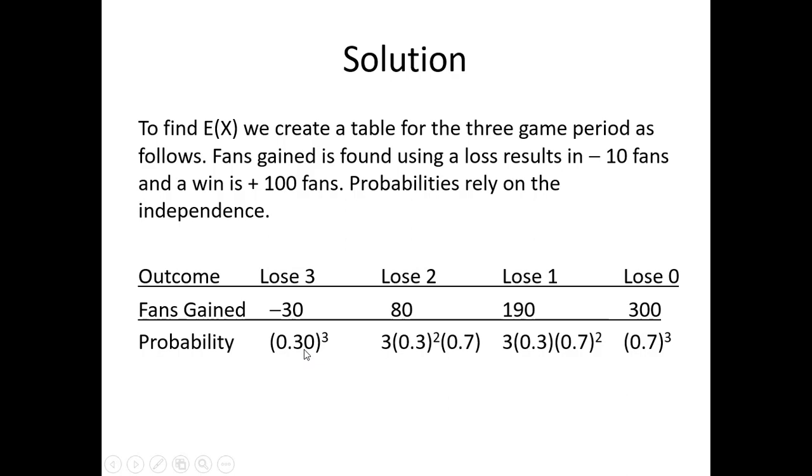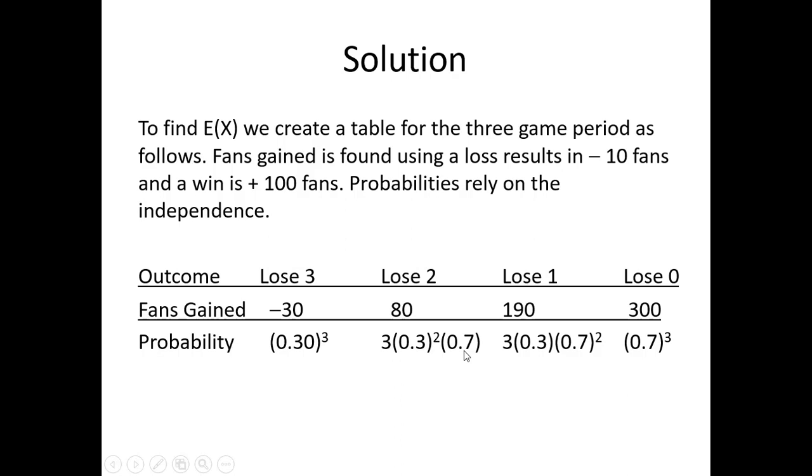Now the probability of losing all 3 games, remember they lose with probability 30%, so this would be 0.3 cubed. The probability of losing 2 games would be 3 times 0.3 squared times 0.7. The thinking is here, they're going to lose 2, so that probability would be 0.3 squared and win 1.